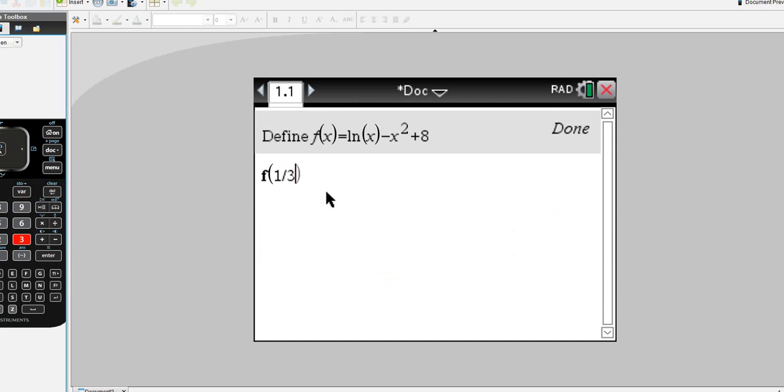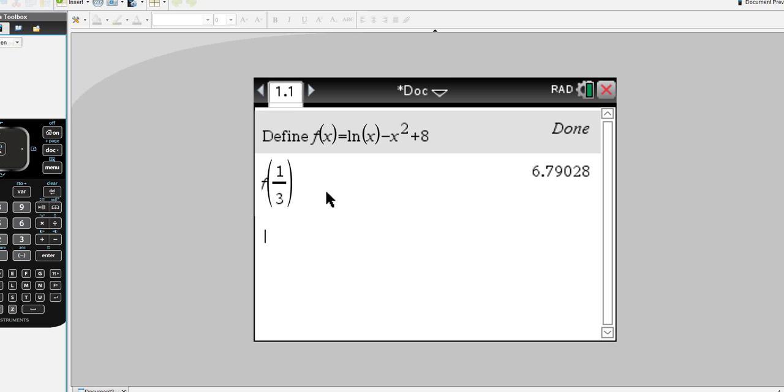So f of 1/3. We'll work in approximate form for this question. Actually, it says to work to 2 decimal places. So 6.79. And pressing Control Enter will give us another value in approximate form, 0.0986, so this rounds to 0.10. Let's write both of these now.